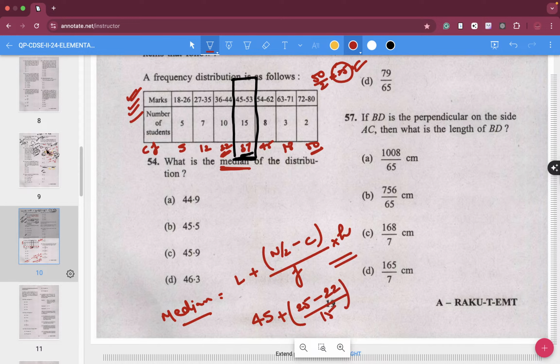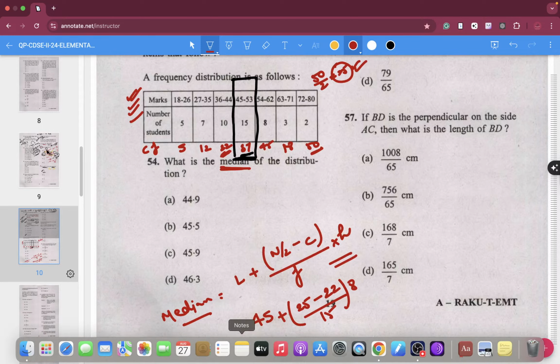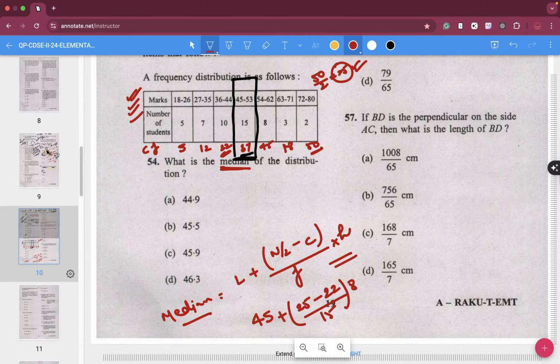What is h? The size of each of the classes is 8 over here. So this particular value is 3 divided by 15, which is simply 1 by 5.